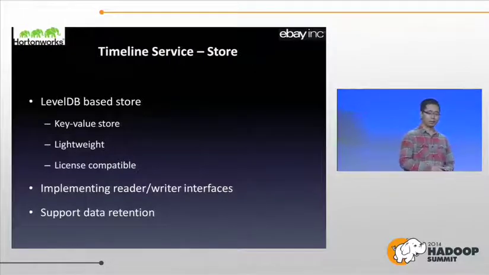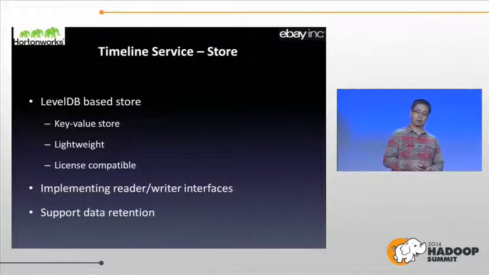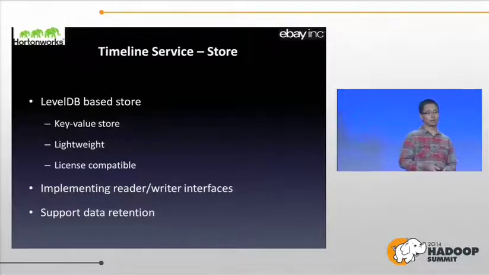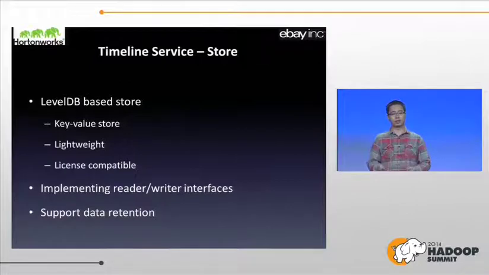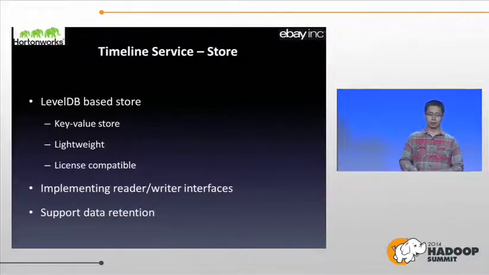The second thing is that LevelDB is a lightweight database. It is easy to deploy on a machine and uses the local file system. Don't need any configuration. The third thing is that the license of LevelDB is also compatible with the Apache license, so we can integrate it into the YARN architecture.